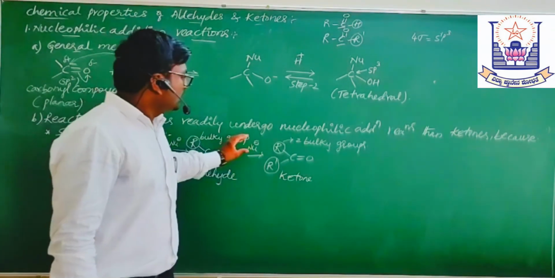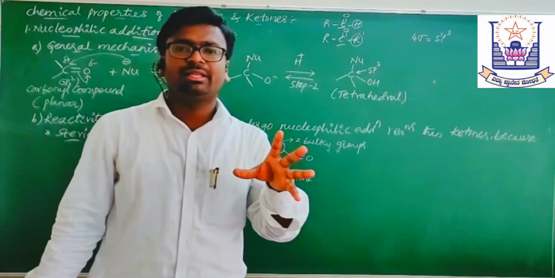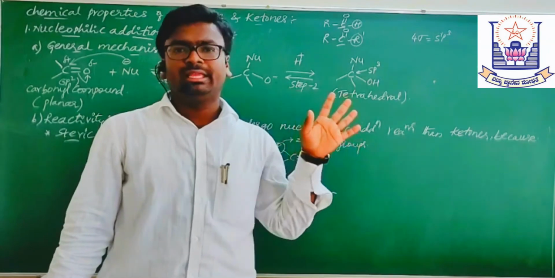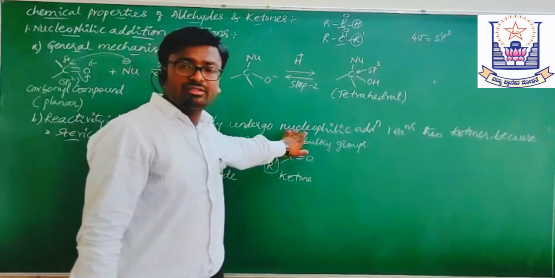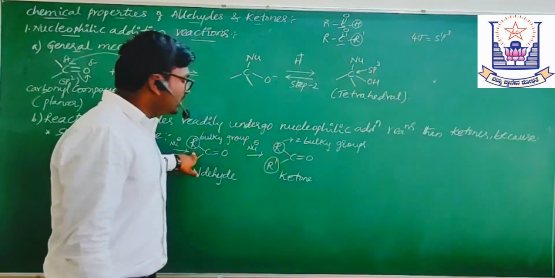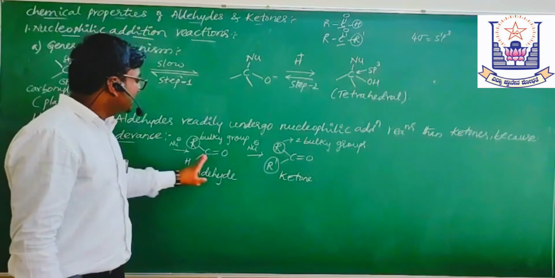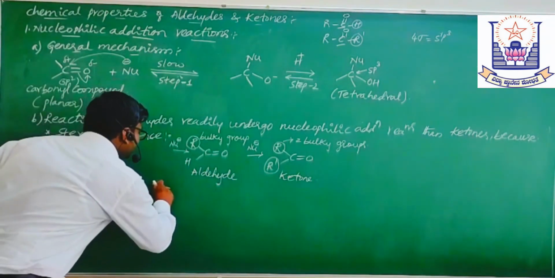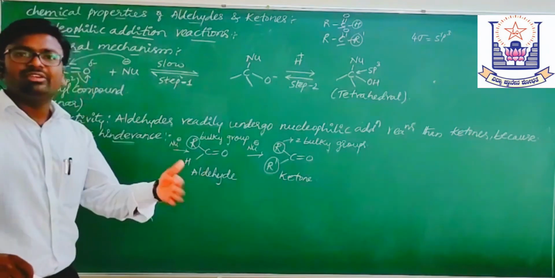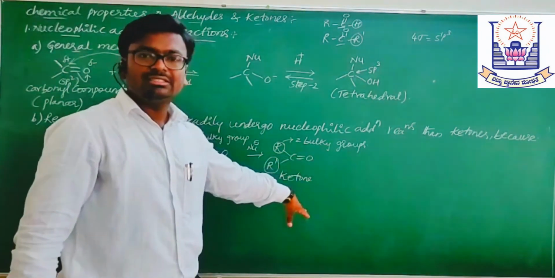Therefore the nucleophile attack on the carbonyl carbon takes place slowly, because the steric hindrance is more due to the presence of two bulky groups. Here only one bulky group, the hindrance is less, therefore it will readily attack. In the aldehyde, steric hindrance is less, reactivity is more. Here steric hindrance is more, reactivity is less.